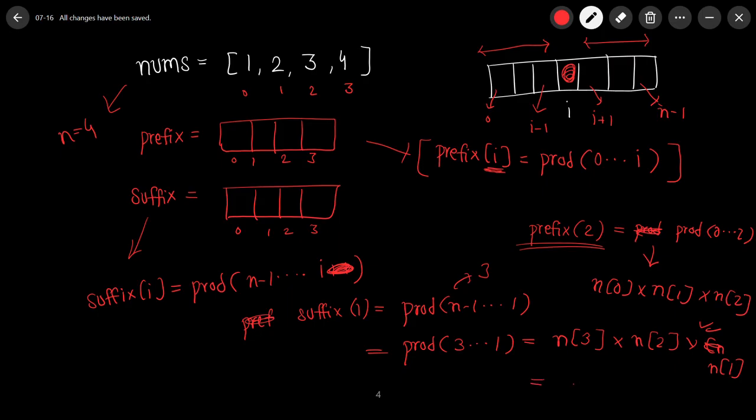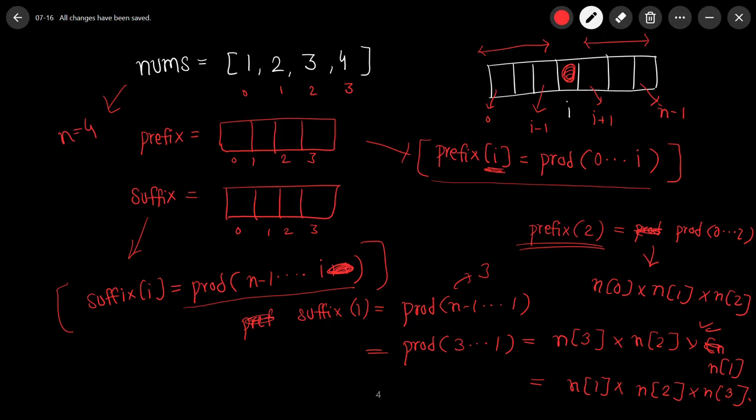Or equivalently, that order can also be changed because changing order doesn't change our results because multiplication is commutative. So I hope the meaning of both these is clear to you. So suffix would store product of n minus 1 till I and prefix would store product of 0 till I. So this thing is clear.